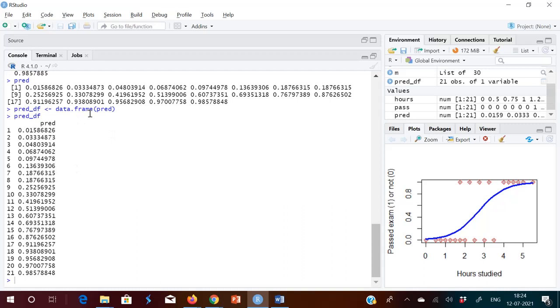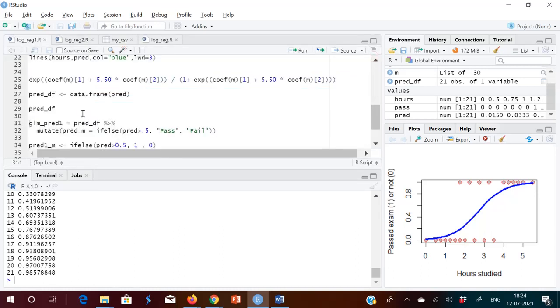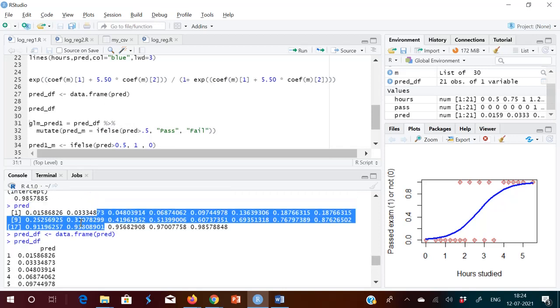I have made these values into a data frame.